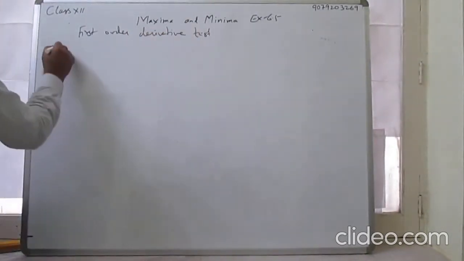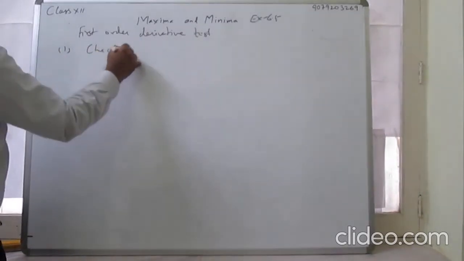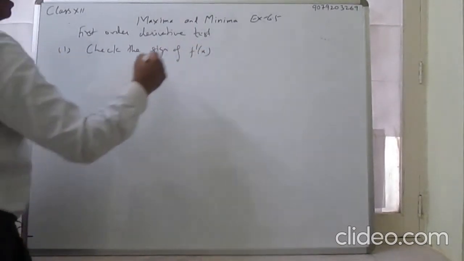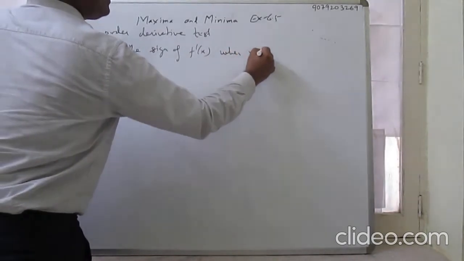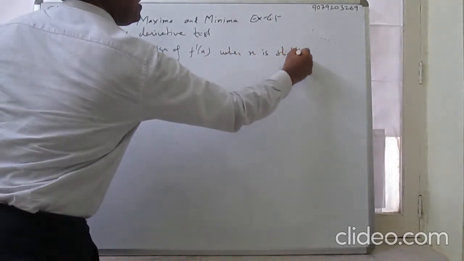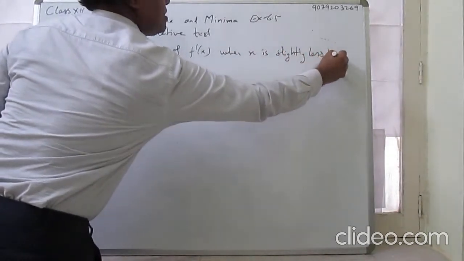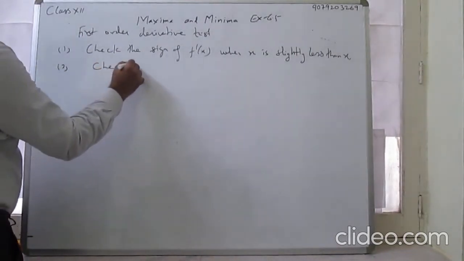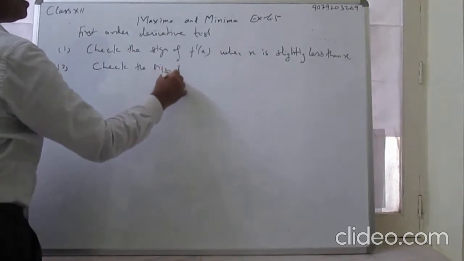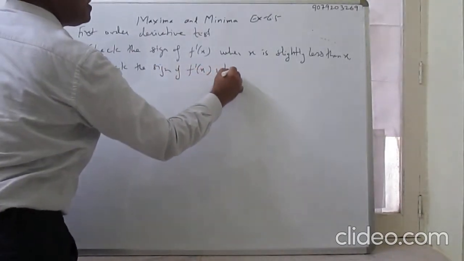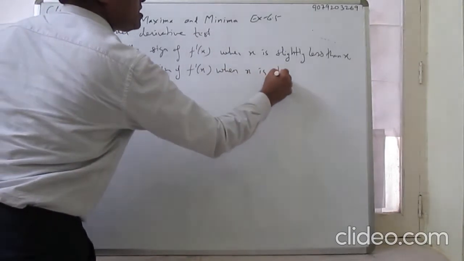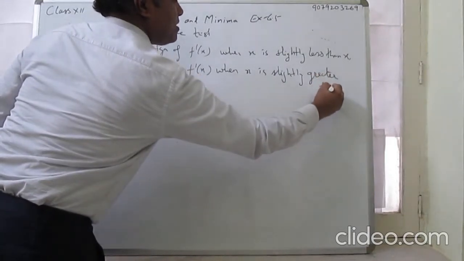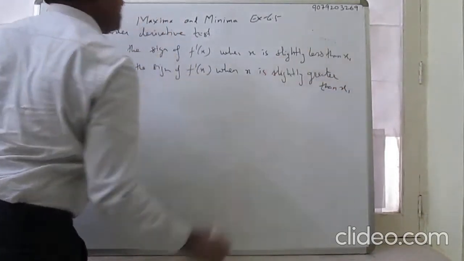First order derivative test. First point, check the sign of f dash x when x is slightly less than x1. Second, check the sign of f dash x again when x is slightly greater than x1.